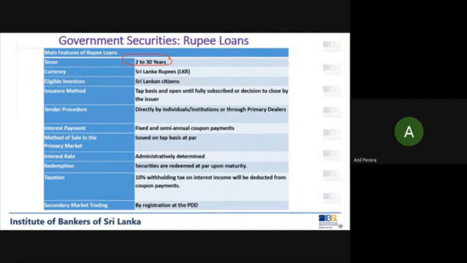But the only thing is, this rupee loan is not a marketable instrument. There's no secondary market. You simply buy from the central bank or from the primary dealers, and the interest rate is administratively determined. The central bank or the government will tell you this is the interest rate. Okay, not a marketable instrument. So as a result, this instrument is not used in a popular way right now.